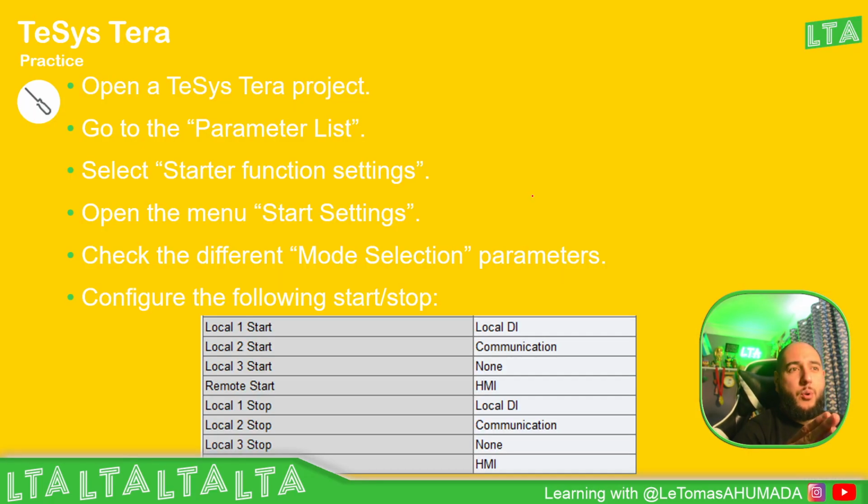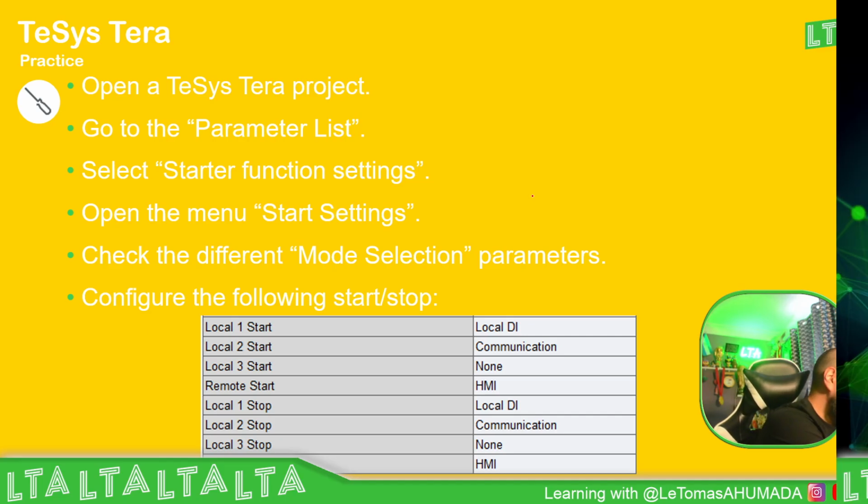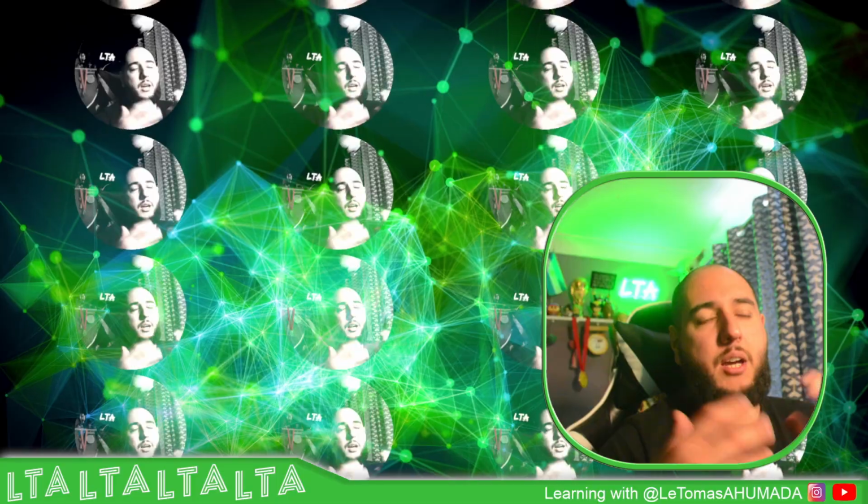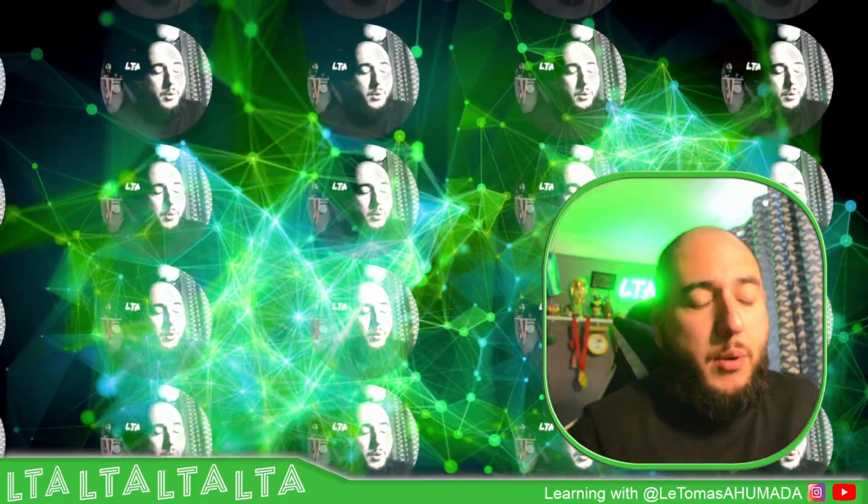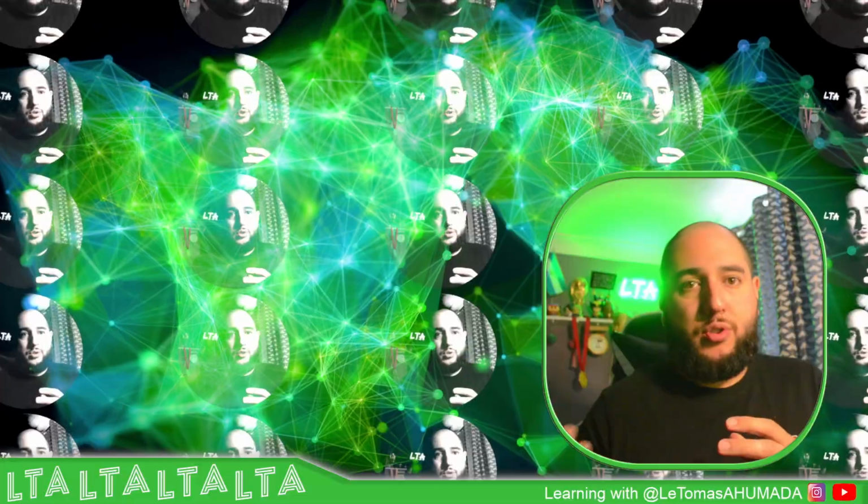I will probably focus on each mode selection, from digital input, communication, and HMI, so we can understand very well how it goes. But this is basically the idea of the mode selection. The mode selection will help me define how we are going to select the sources for start and stop.